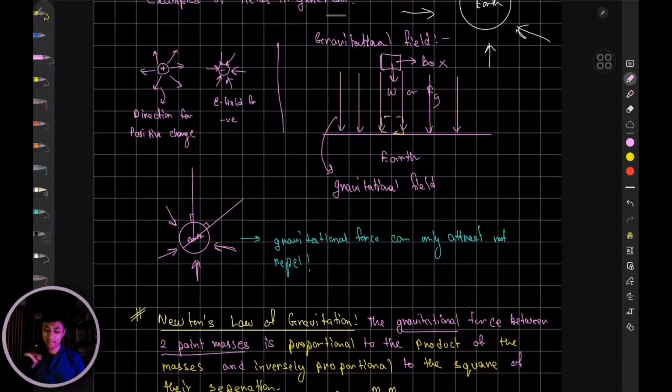Now, since we are considering it to be a perfect sphere, we can make this point mass approximation. Since in case of a perfect sphere, all the gravitational field lines seem to meet at one point, and that point we consider to be the center of mass, and that point we consider to be the point mass from which we are going to calculate the separation.